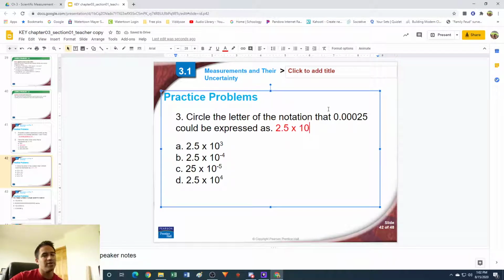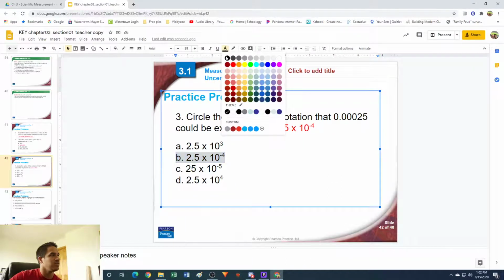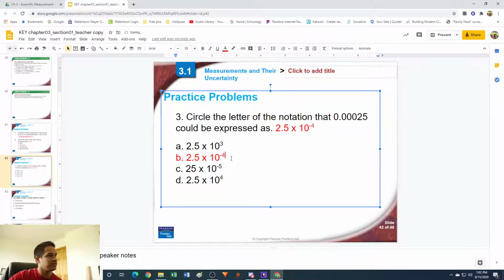We just need to count how many places we had to move it. It starts here, so it's 1, 2, 3, 4 places over. And because this number is less than 1, this is going to be to the negative 4th, not the positive 4th, which leaves us with letter B as our proper answer.